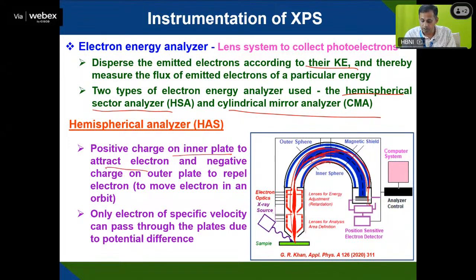If anything comes out, it will return back to the core inside. That's why positive and negative potentials are provided here. Only electrons with a specific velocity can reach the detector through the analyzer, because we need a particular velocity to collect those electrons.